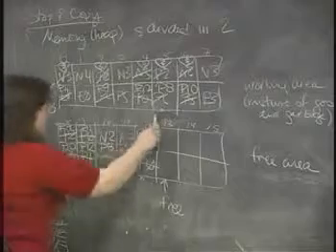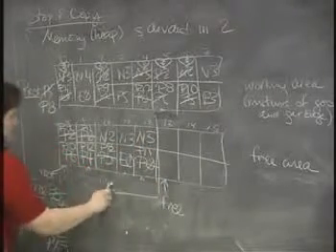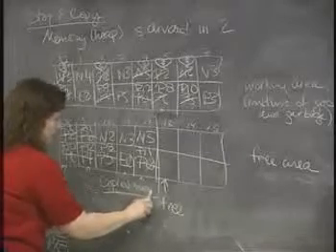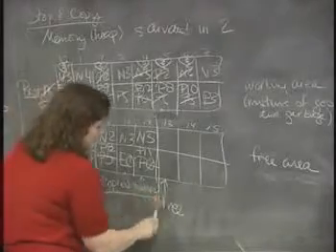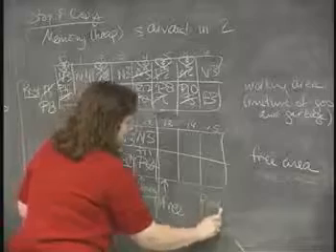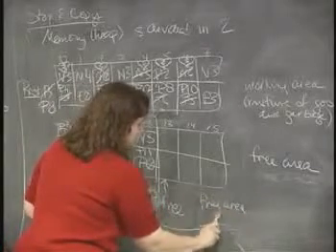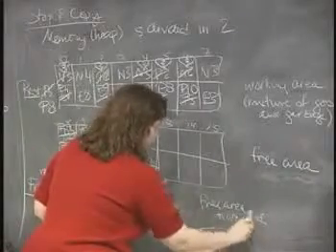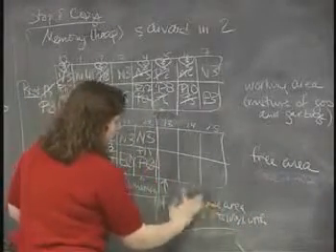So this part here is the copied memory, and this part here is the free area to work with, or the empty area.